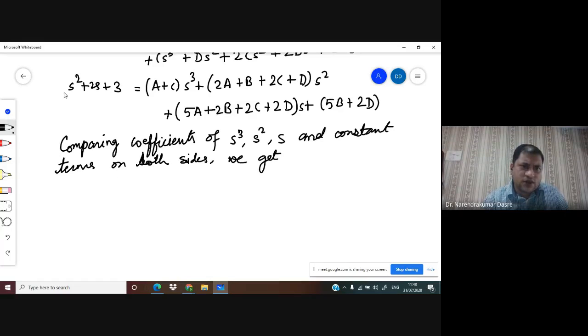There is no term of s cube, so a plus c is equal to 0.